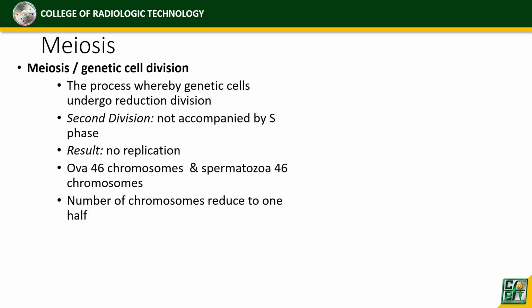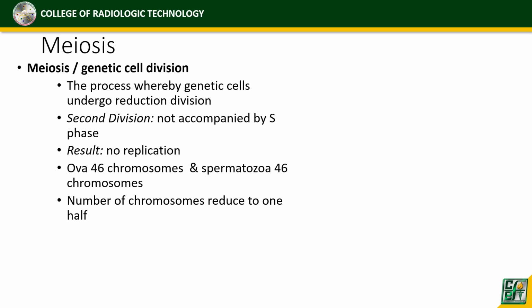Then meiosis. This is another type of cell division, the genetic cell division. Kung kanina ay somatic cell division, mitosis, meiosis ay genetic cell division. The process whereby genetic cells undergo reduction division.